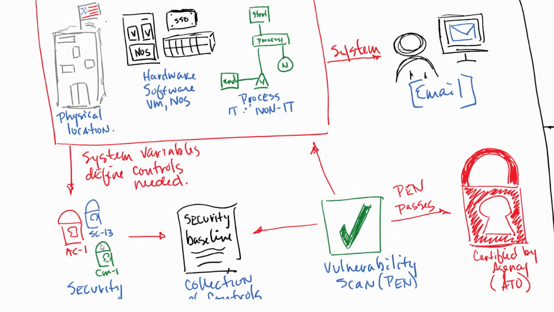Let's build the security controls. Let's build this solution, the reference architecture, as a system to provide a service, right? In this case, email. Controls, baseline, do the penetration studies, and then that enables the agency to get an ATO.